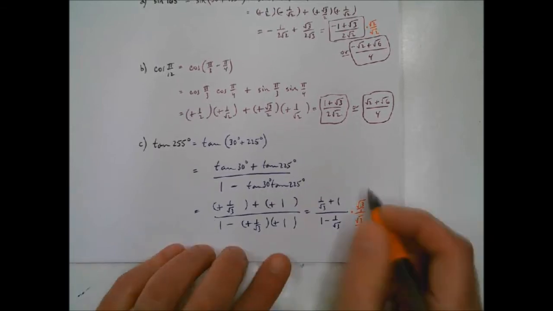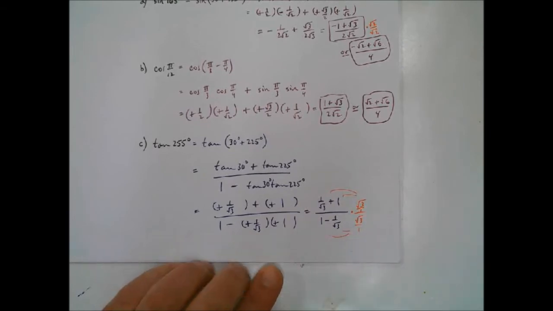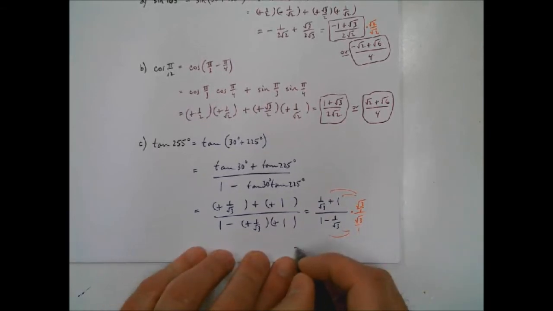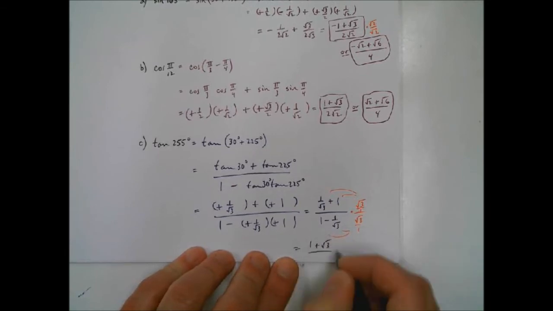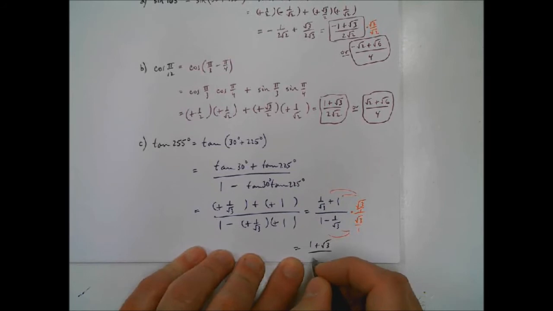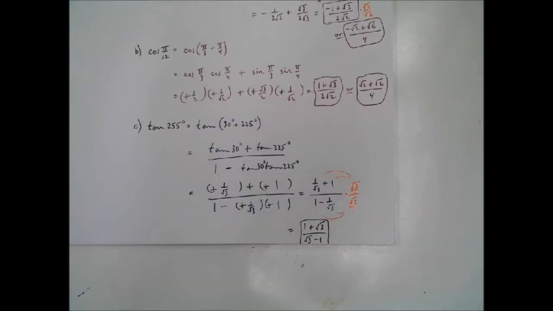You don't have to do the over 1s. We distribute, and we end up with 1 plus √3 over √3 minus 1. Okay, so radicals in the denominator, not a problem.